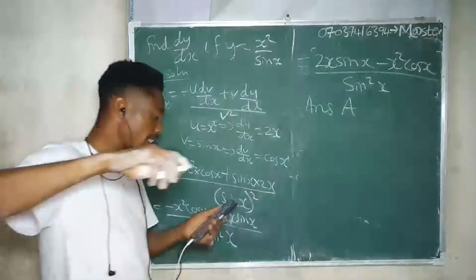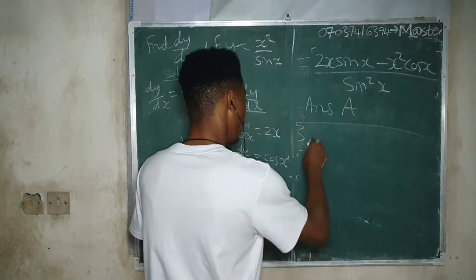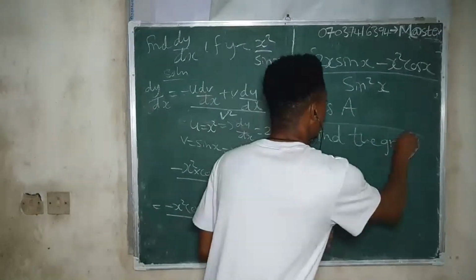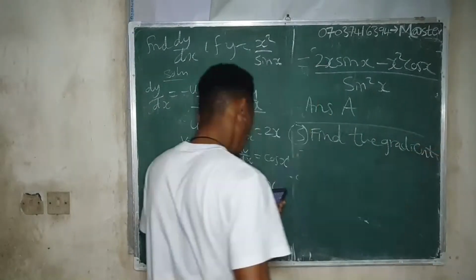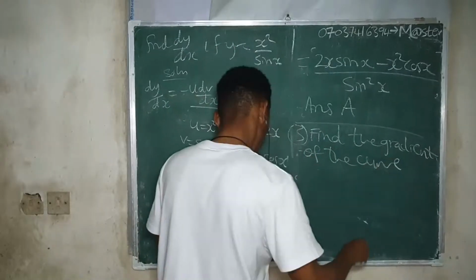This question said, find the gradient of the curve 2x cubed minus 5x squared plus 3 at the point x is equals to 2. A, is it 4? B, 14, 2.